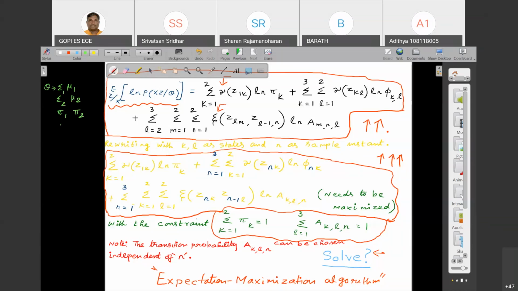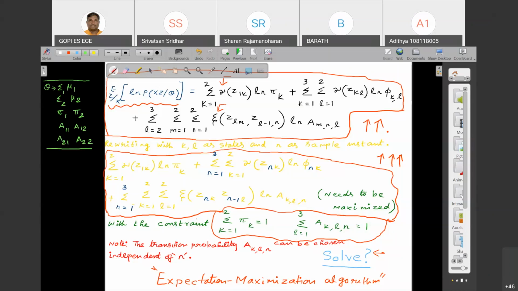And of course we have the transition probability A k l; for this case I can write it as A11, A12, and A21, A22. These are the unknowns. You are going to estimate these values using the expectation maximization algorithm in an iterative manner.